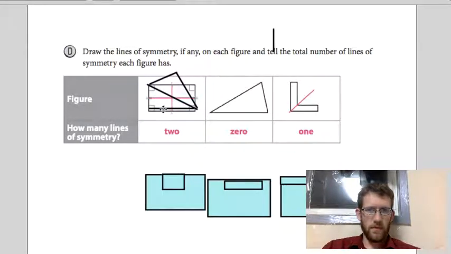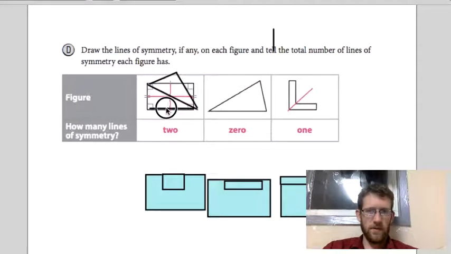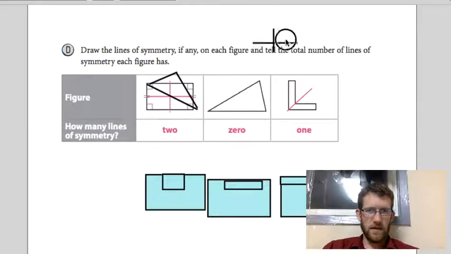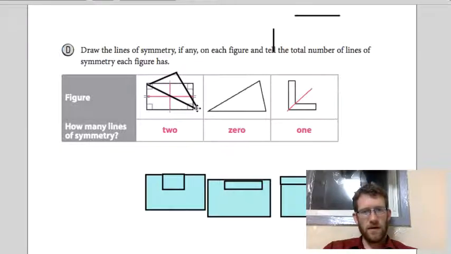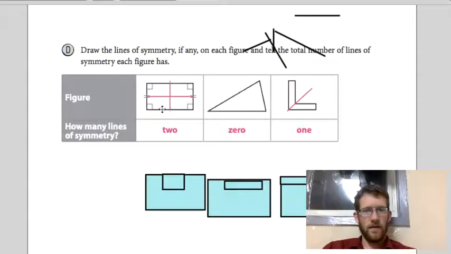So this bottom part here, when I reflect it over this line, ends up in a different spot. So this isn't a line of symmetry. But these pink ones are, because if I take this half over here and reflect it, it's in the exact same spot.